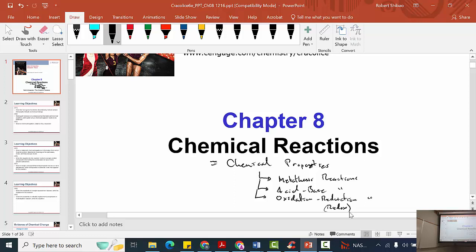So these are the types of reactions that we look at. If somebody asks you what are the chemical properties of water, you'd think, are there any metathesis? Are there any acid-base? Are there any oxidation-reduction? And that pretty much covers it. These are the 3 main types of reaction.